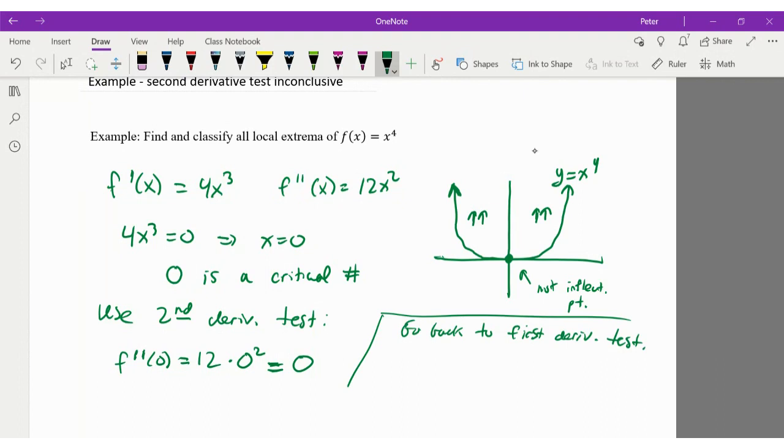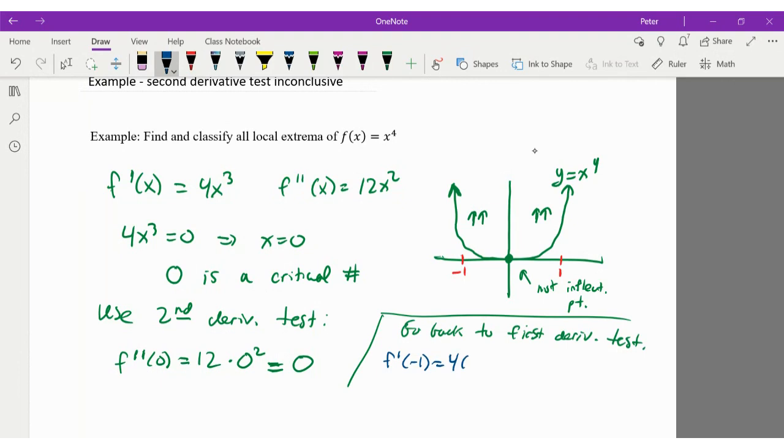All right, so the first derivative test tells us that we pick points on either side of the critical number and we test them. So we plug in f prime of -1.